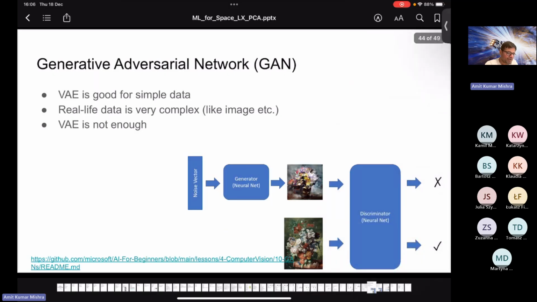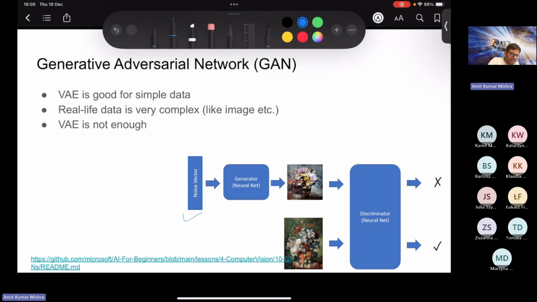The next thing is, you can have a Gaussian vector, train networks, and it can create some kind of data. For something simple like a digit, it is easier. But for something more complicated, like optical images or even EO images, they have so many things going on. A simple VAE is not enough. It is not able to do the job.